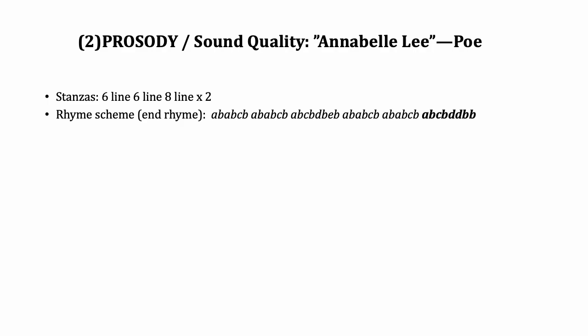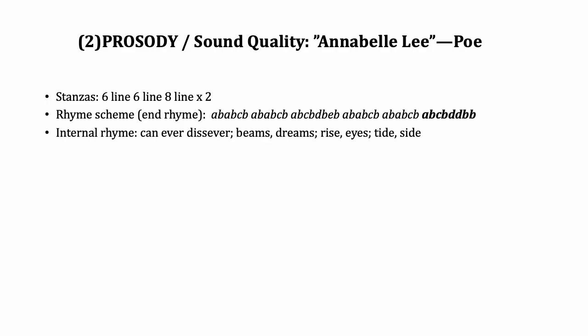So: many, many a year ago, a kingdom, you may know, right? And then kingdom by the sea, Annabel Lee. Okay, so that is the rhyme scheme, and you see that there is a very, very tight rhyme scheme, particularly with the E sound.